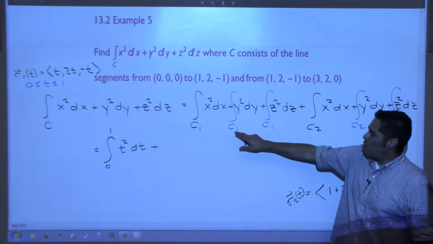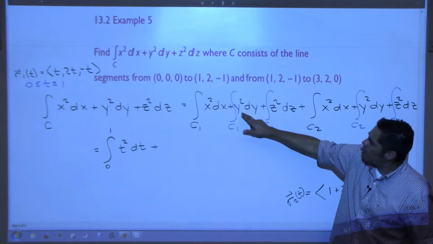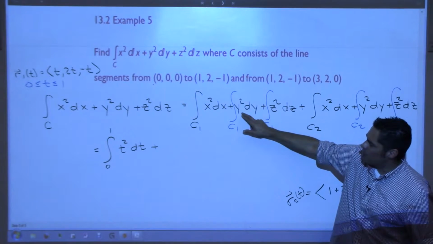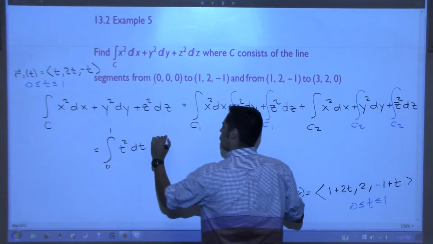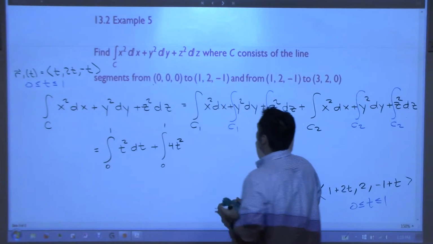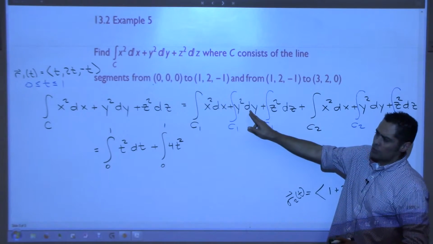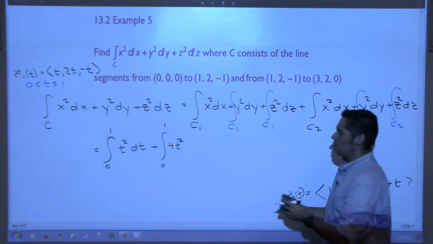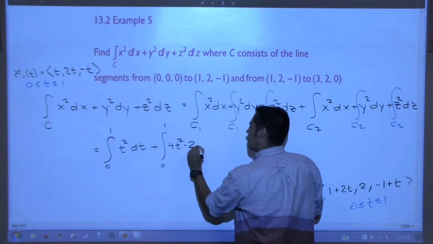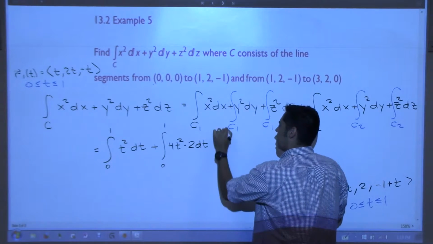What's my next one? Still looking over C1. What's the y squared? 4t squared, because I'm squaring 2t. So integral 0 to 1 of 4t squared, but then dy, the derivative of the y component function, is 2 dt. Plus integral 0 to 1 again.